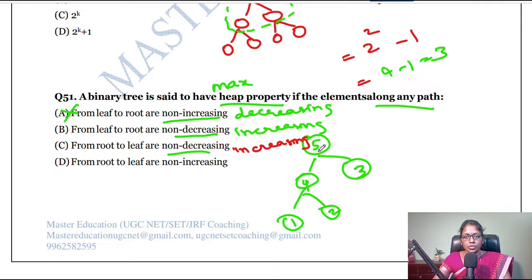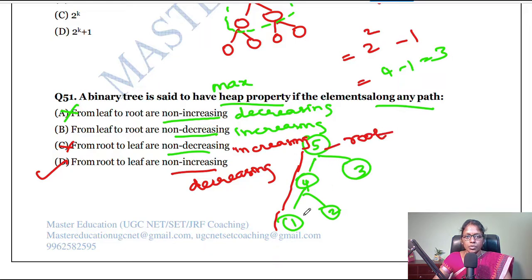Root to leaf increasing? No. From root to leaf non-increasing means decreasing. So this is the correct statement. From root to leaf, this 5 is the root. So from root to leaf decreasing, the values will always be less than the root, less than its subtree. That's called the max heap property.